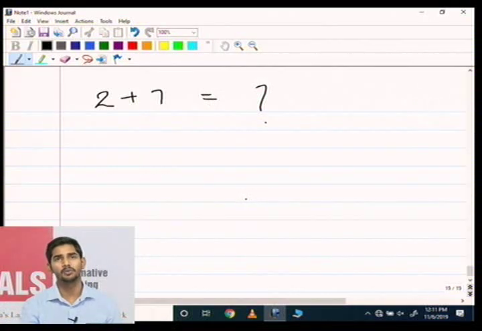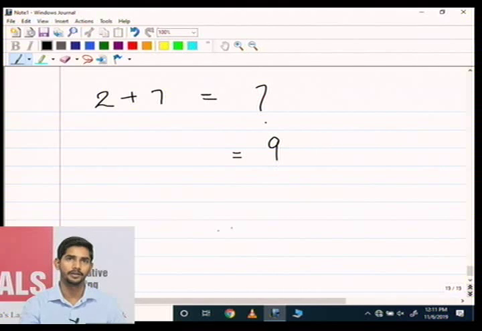No need to use copy or pen. Senapati and Temelong, you should also know the answer. Yes, 9, absolutely right.